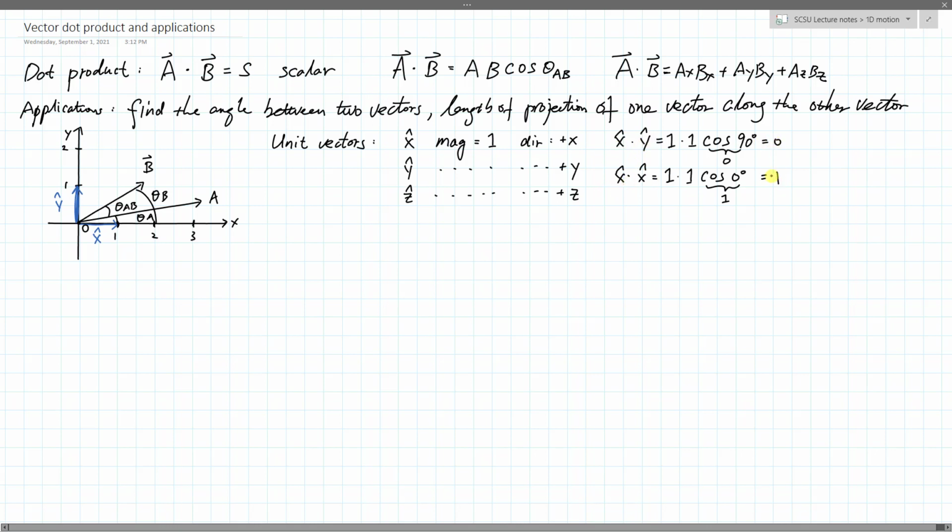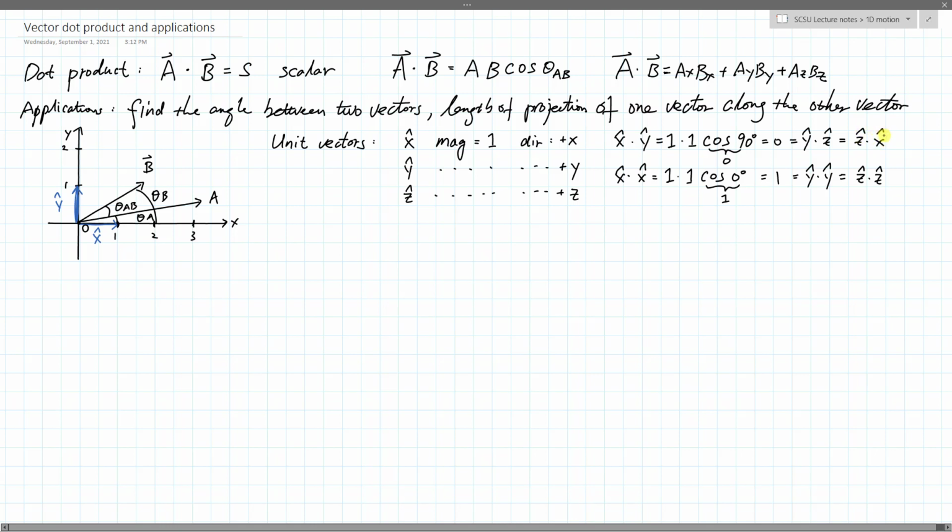If you continue on with the calculation, you'll also conclude that y dot y, which is also parallel, is equal to 1. So is z dot z, because parallel things have 0 angle. And perpendicular things will have a 90-degree angle, so they all follow that. x dot z, or z dot x.